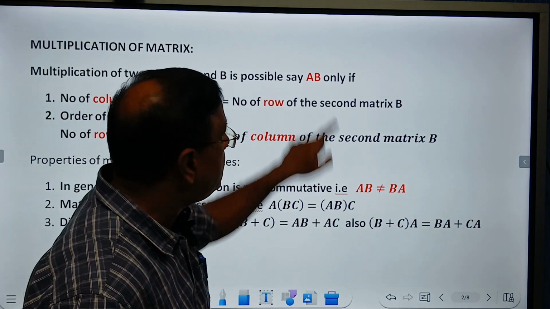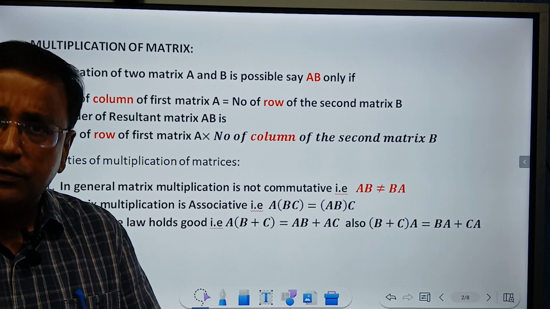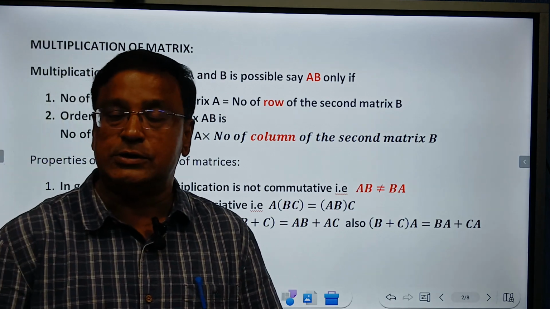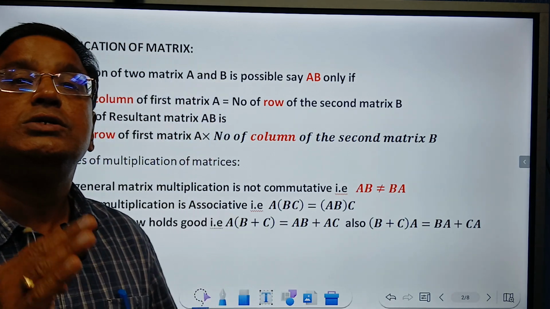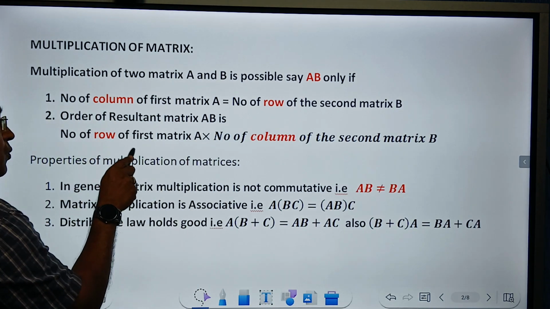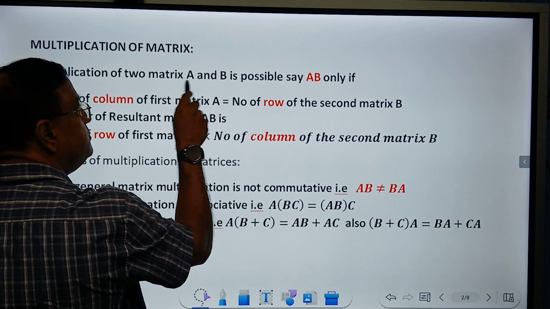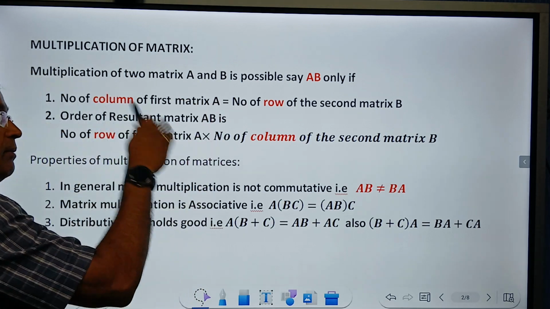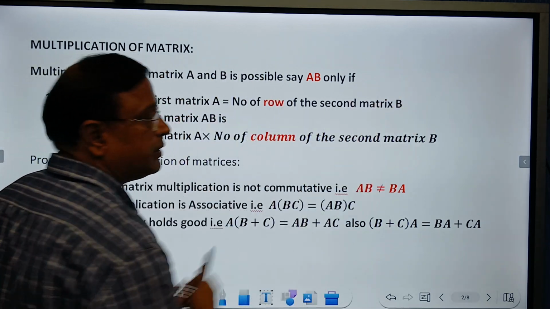Now, when you multiply, you get a resultant matrix. The resultant matrix is AB. It is also a matrix, so it should also have an order. So what will be the order? The order will be number of rows of the first matrix by number of columns of the second matrix.